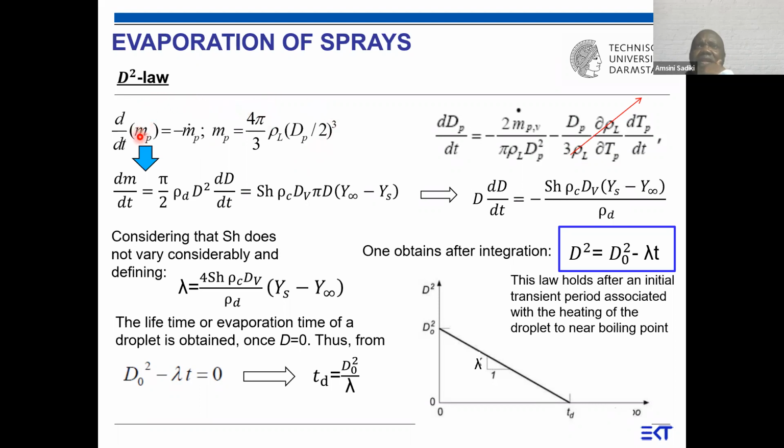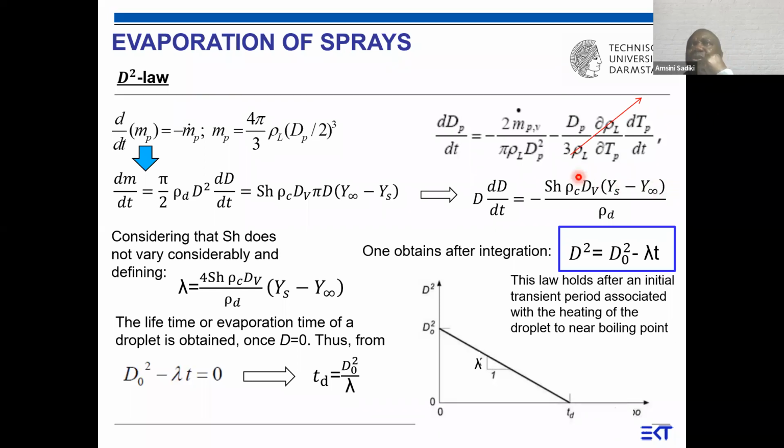And we know that we can write this in this form if we don't consider the Stefan flow. By doing this, we get exactly the expression we have here. And this is exactly what we have.